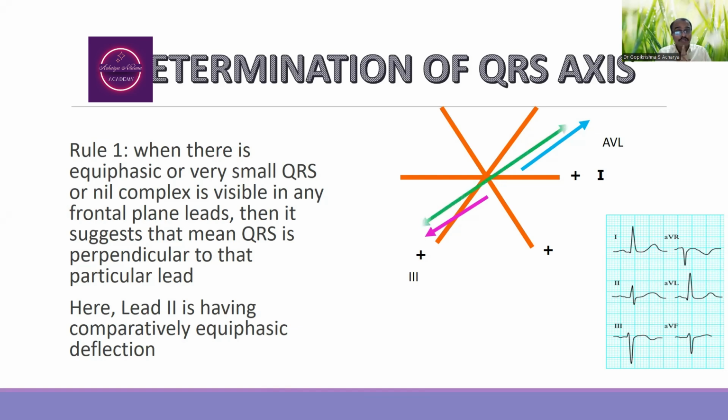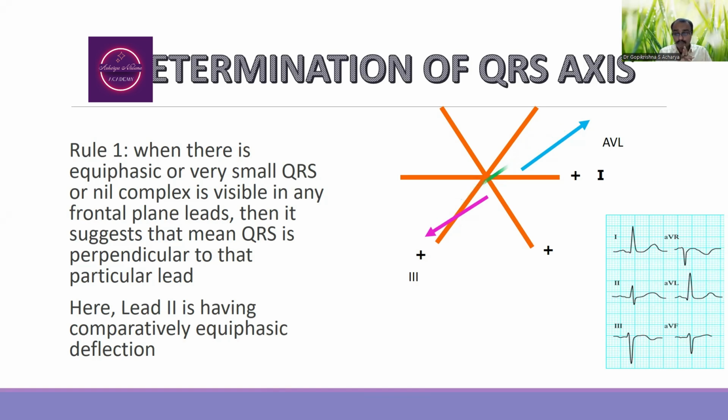And we are going to concentrate on the frontal plane leads only, that is 1, 2, and 3, aVR, aVL, and aVF. Whenever you see the equiphasic deflection, that is the first step. The second step is to identify the perpendicular leads to that particular lead.